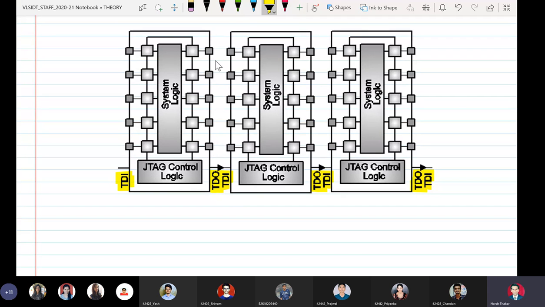So it's cascading basically. So it all goes like this.